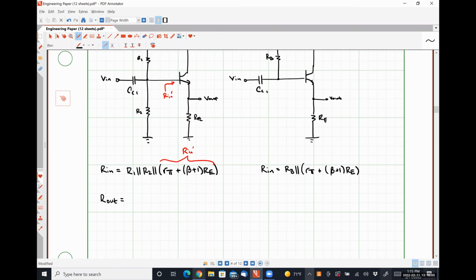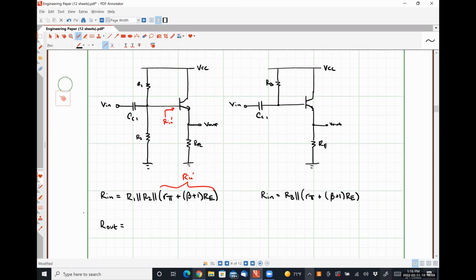Output resistance. What is this going to look like? So recall, the Vin is shorted. And the capacitor, so Vin is shorted to ground and the capacitor looks like a short circuit, which means this node right here is ground. This node is ground, so obviously R2 is shorted out. This node is ground, so R1 is also shorted out.